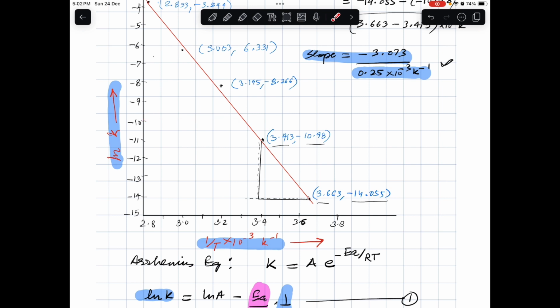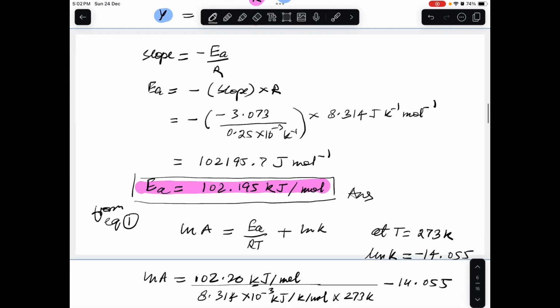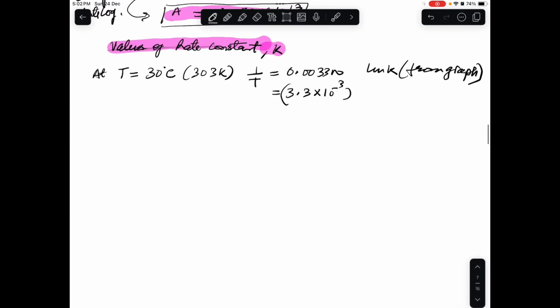This value is closer to 9, so the exact value is ln K equal to minus 9.7. After taking anti-log, the value of K we get is 6.13 into 10 raised to the power minus 5 per second.